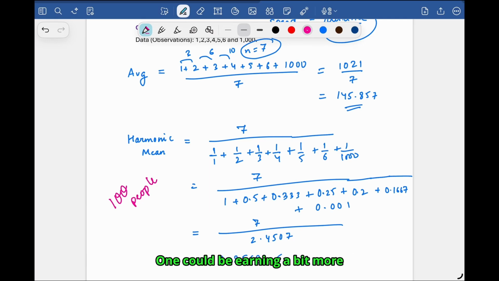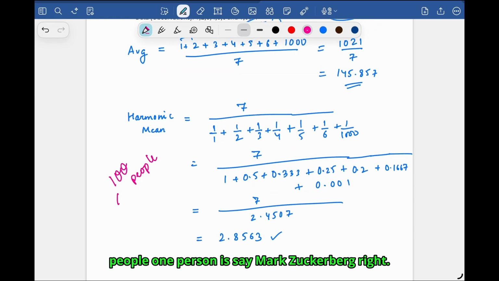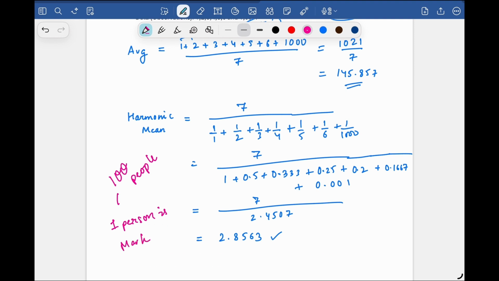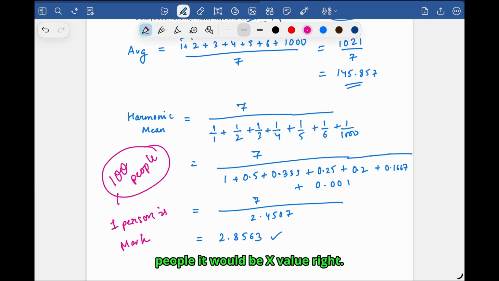One could be earning a bit more, one a bit less. But if I tell you one person is, say, Mark Zuckerberg, who is very wealthy, and I ask you the average income of these 100 people, it would be X value, right?